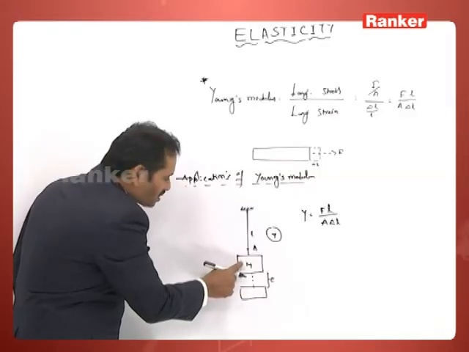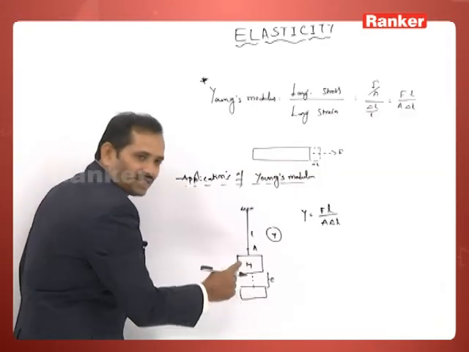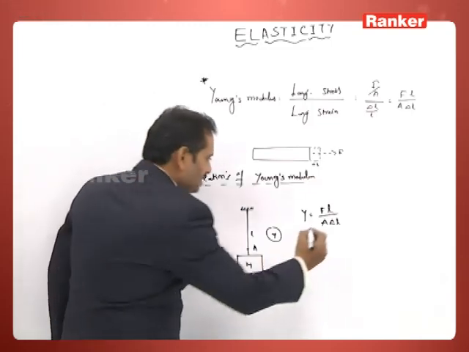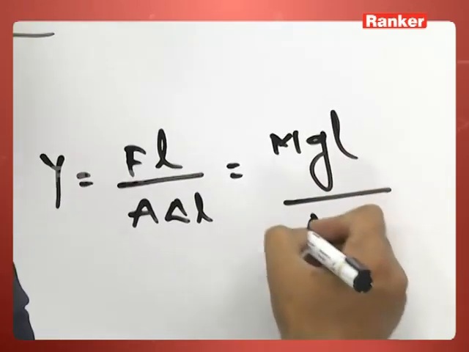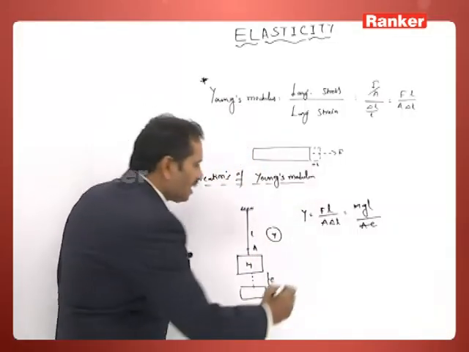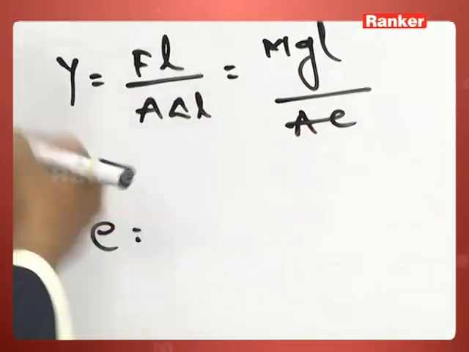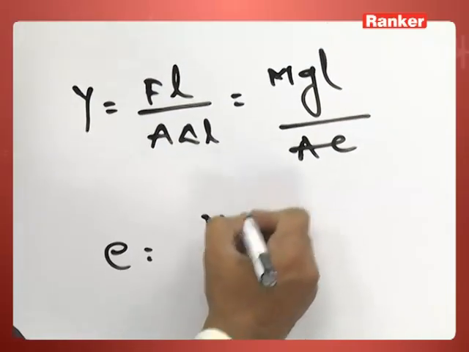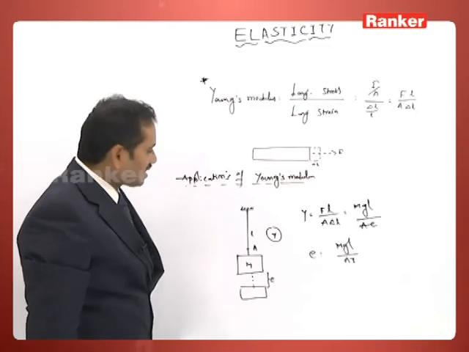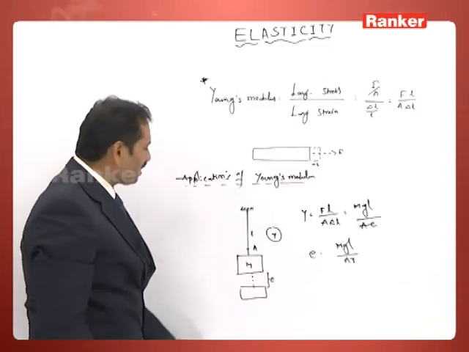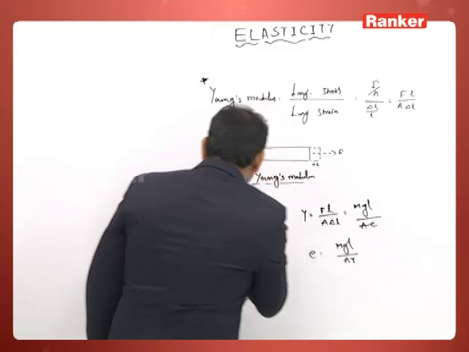The restoring force or deforming force is nothing but weight, mg. That is mgl by A. Extension equal to mgl by AY. Sometimes the same thing they can put question to you like this. This is first application.